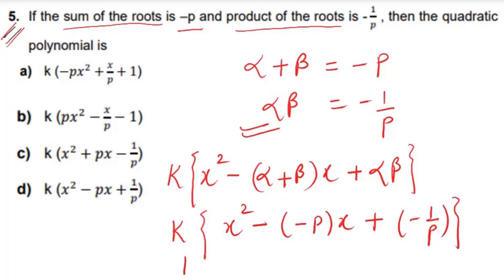Let's solve it. K x square plus px, and this is minus 1 upon p. So the correct option is x square plus px minus 1 upon p. This is the correct answer for this part.